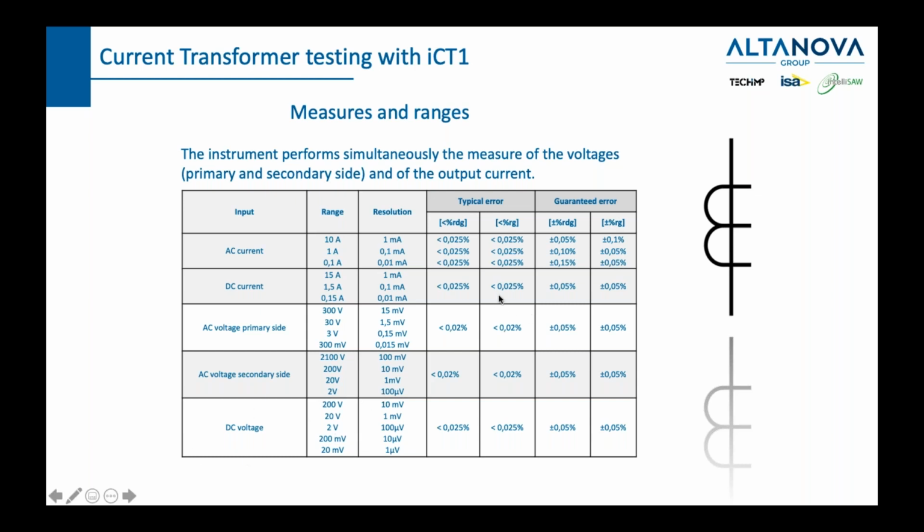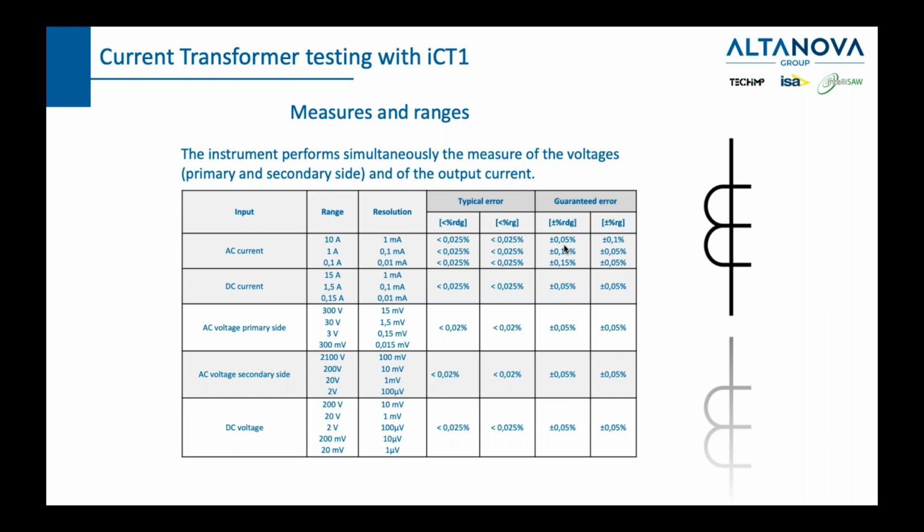And you can see here that when we talk about typical error, we talk about, let's say, between 0.02 and 0.025. Guaranteed is 0.05. You cannot guarantee something that accurate when you are in an environment which is inherently full of noise, and that's a substation or a power plant.